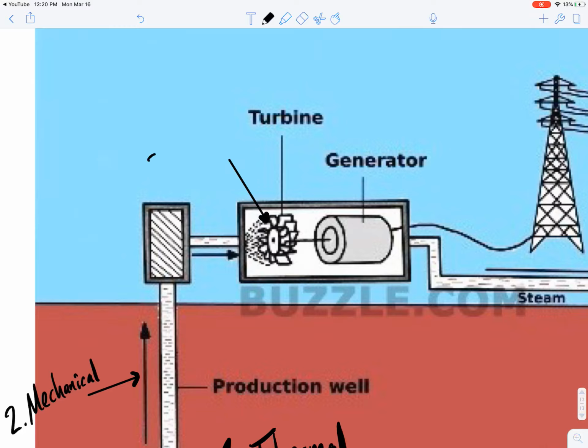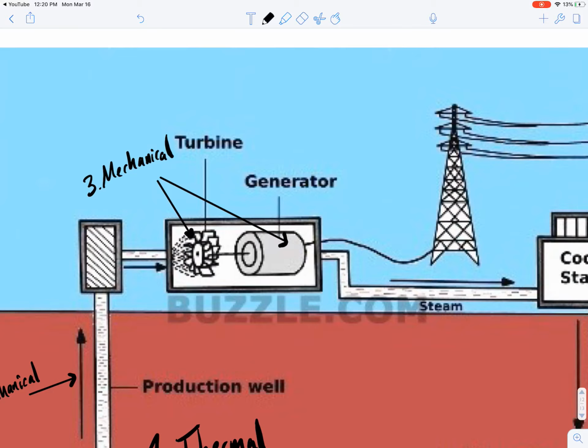So again, we've got mechanical energy in our spinning steam turbine, which is transferred to our generator, which is essentially just another example of mechanical energy in our spinning generator. And we all know that the goal of a generator is to convert that mechanical energy into electrical.